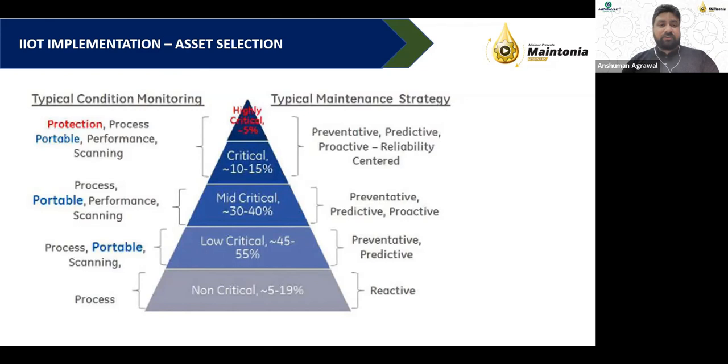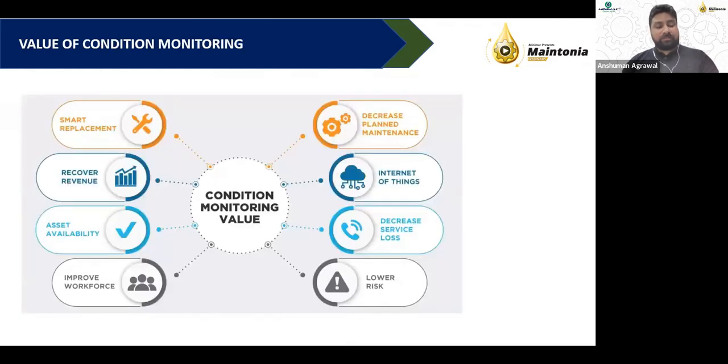And by cost-efficient solution, I mean that you would probably have to classify your entire asset list into highly critical, critical, mid-critical, lower critical, and non-critical. And this is the way you would be able to implement the IIoT solutions for your plant activities and for your assets.